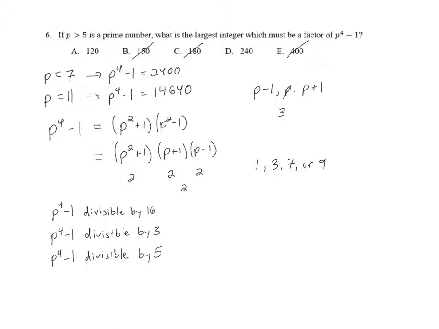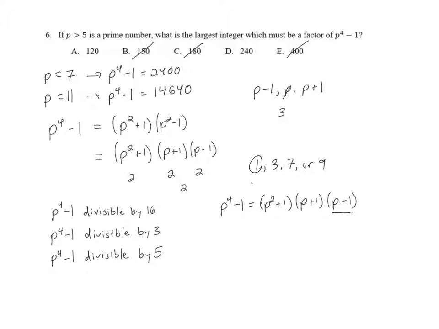Now let's look at p to the fourth minus 1, specifically in its factored form. If p is a number that ends in 1, that means that p minus 1 is going to end in 0. That means that it's a multiple of 10, which means that it's a multiple of 5, which means that p to the fourth minus 1 is going to have a factor of 5 somewhere.